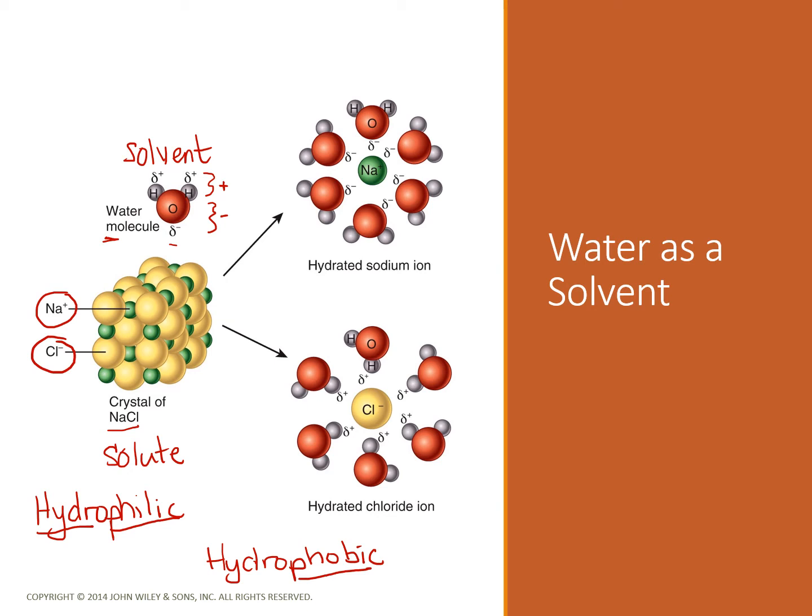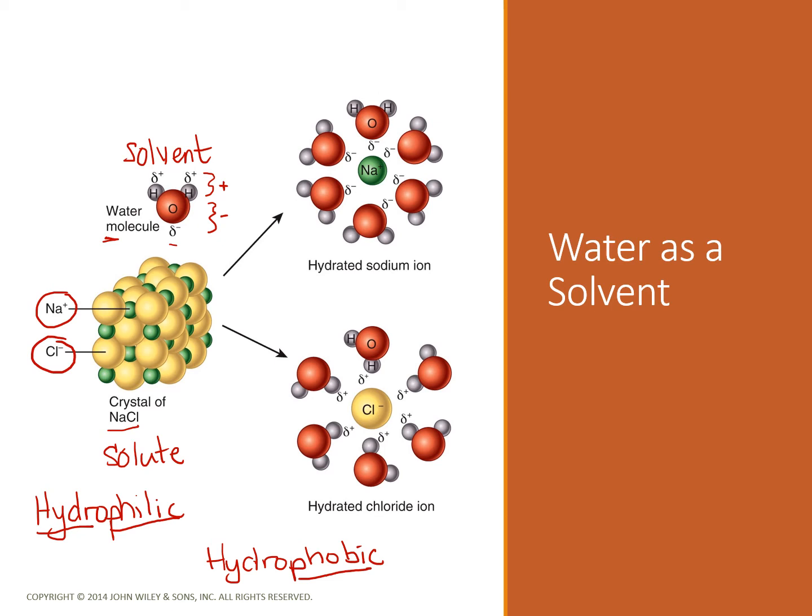So examples of hydrophobic compounds are going to be like fats and oils. They don't dissolve in water very well. And we know that when we put some vegetable oil or canola oil into a glass of water, they don't dissolve at all. They stay separate because oil is very hydrophobic.